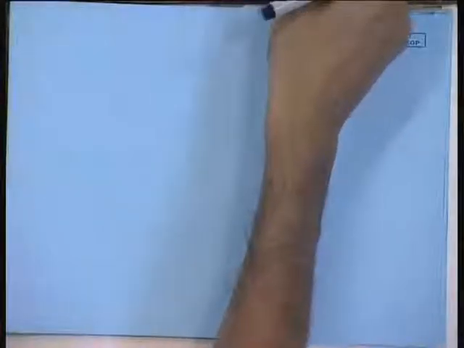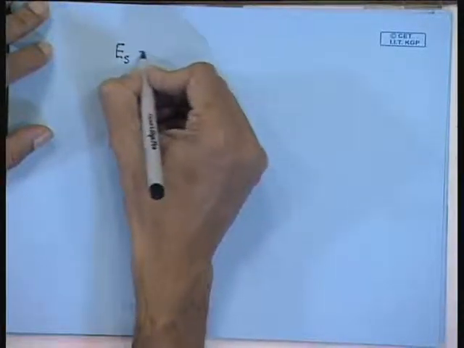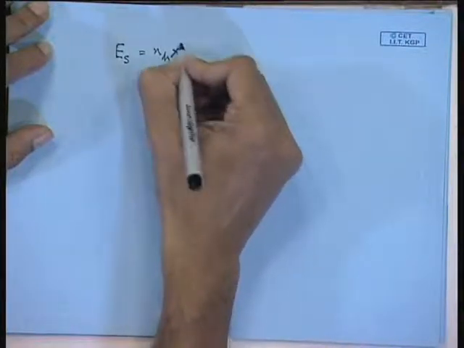The thing that you can do is you strike an equation, and ES is normally given in this form. This is NH into x to the power n.